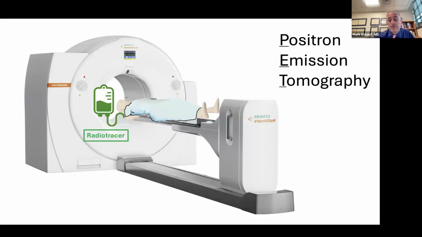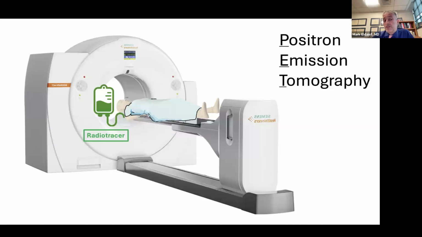Similar to getting blood drawn, but they put this little tiny flexible tube in your arm, and then they give you an injection through that tube into your blood of what's called a radiotracer. And we'll talk in a second about what a radiotracer is. They give you this injection, it takes a few seconds, and then they remove the tube, and then they usually will put you into the machine. So that happens before you actually go into the machine.